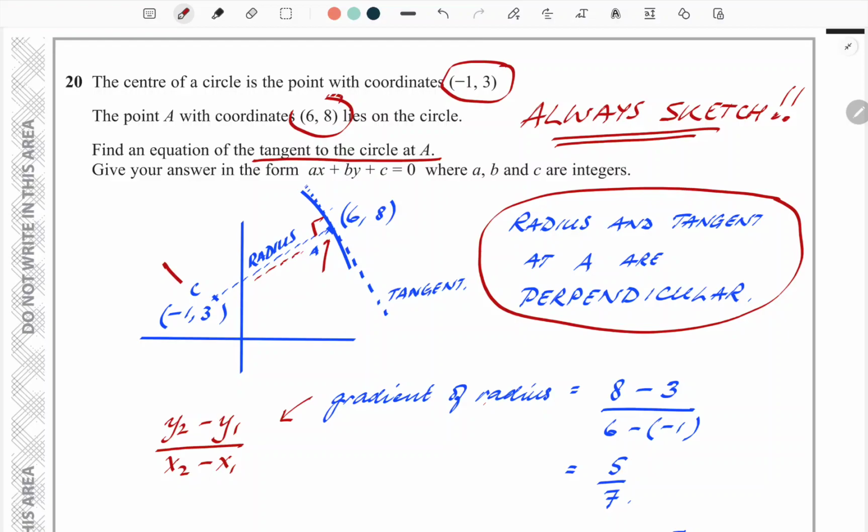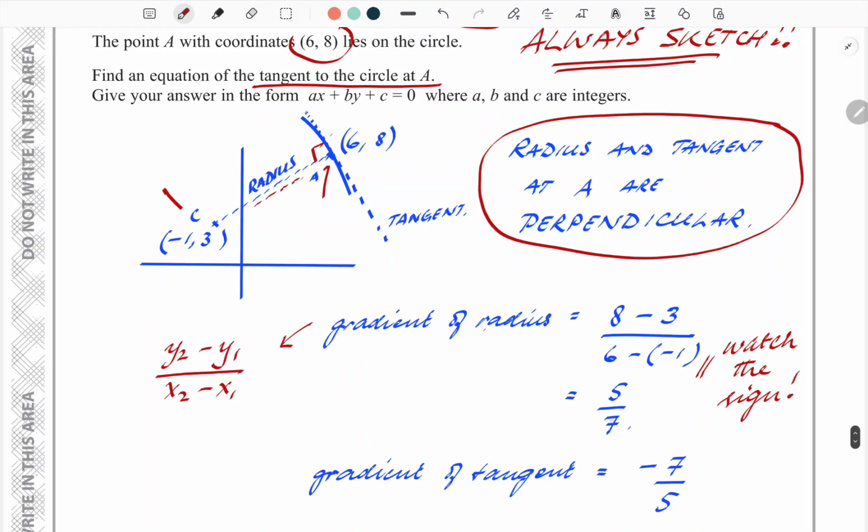Okay, so the gradient of the radius itself is the difference between the y values, so 8 minus 3 divided by 6 minus -1, yeah? Watch out for the sign. Watch the sign. Okay, don't make small silly mistakes like this. 8 minus 3 is 5, and 6 minus -1 is 7. So the gradient of the radius is 5/7.